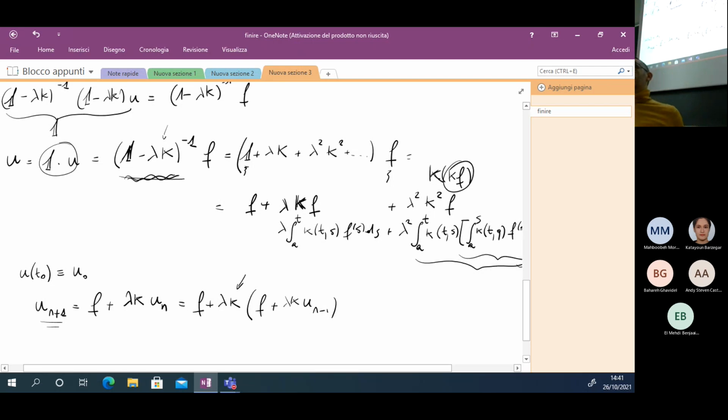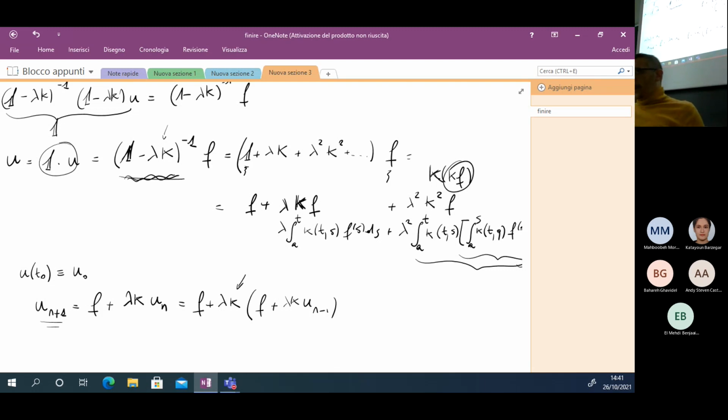When you have a practical problem, in principle you should have been assigned the kernel of the equation, so you know what kappa is, and you know f and the initial value of the function.